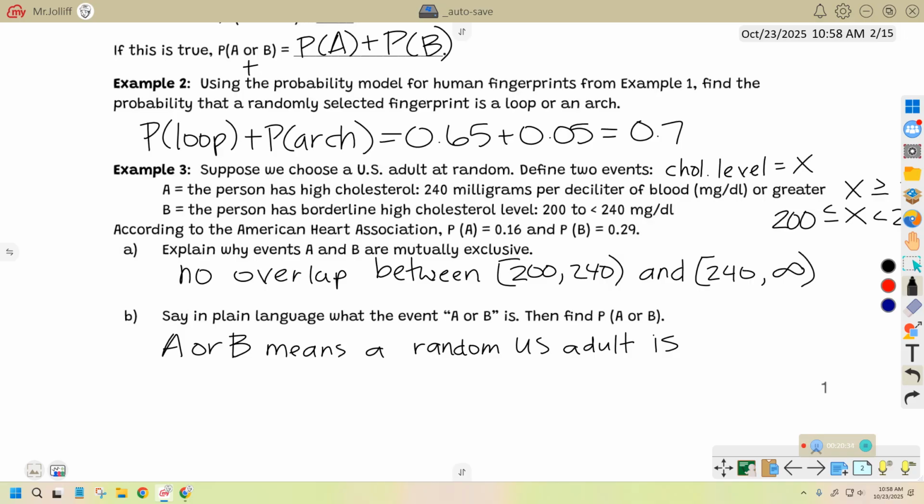Good, so it means that random US adult has high cholesterol. That's group A. Or borderline high cholesterol. Good, that's group B. I didn't want to write high cholesterol again, I'm sorry. Don't judge me.